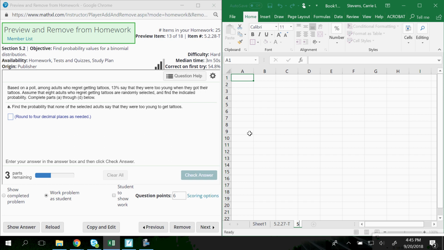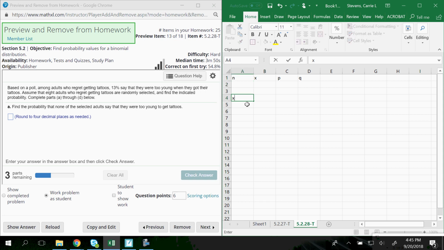This is question 5.2.28-T. Okay, so I'm going to do my n, my p, and my x. I've been doing it like this, so I'll keep doing it like that.